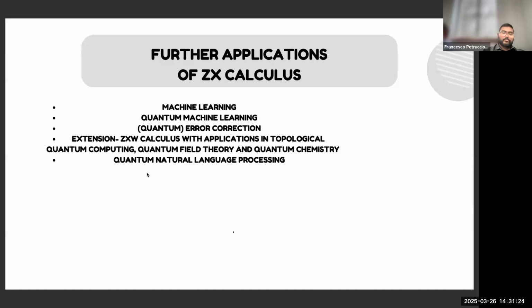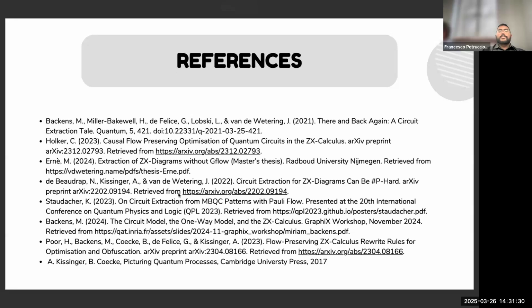And also there's active research in quantum natural language processing. And I'll just leave some references for circuit extraction on the slide here. One of the main papers on this topic that I used was this first reference here, called There and Back Again: A Circuit Extraction Tale.